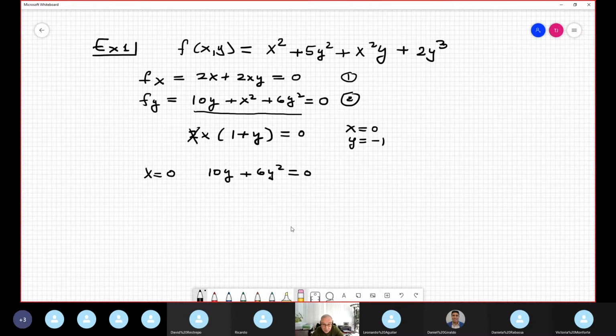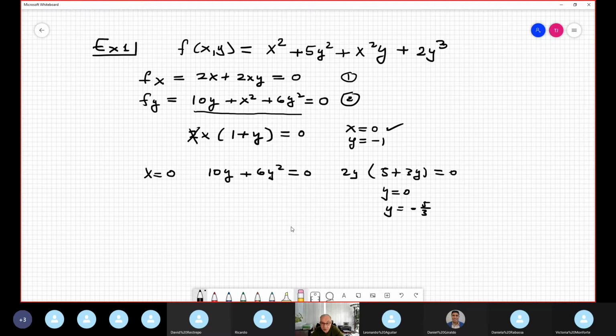As you factor out y, we have 5 plus 3y equal to 0. It is obvious that y is 0 and y is equal to -5/3. Those are the solutions for this equation.